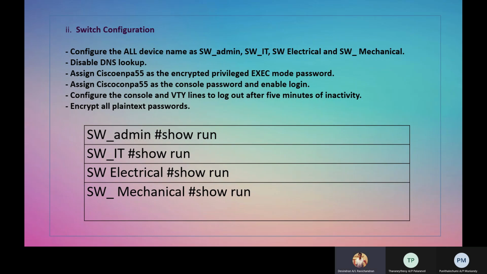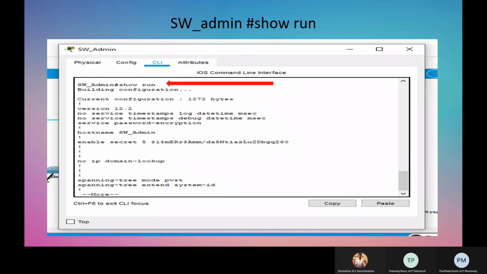First, SW_admin, show run. SW_IT, show run. SW_electrical, show run. SW_mechanical, show run. So this is the example of show run for admin.